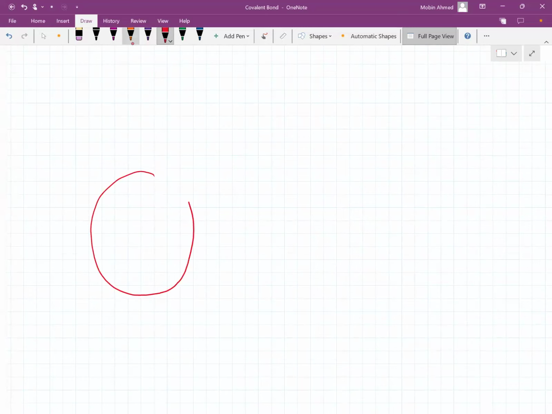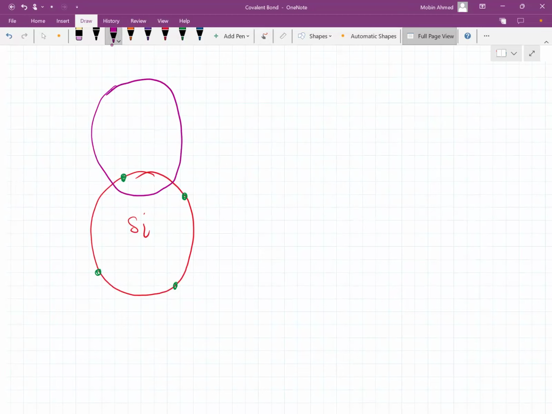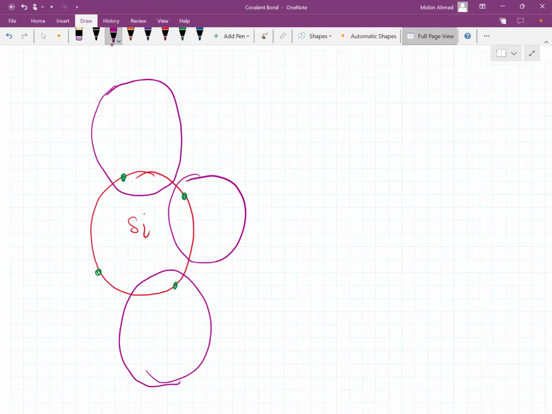Suppose this is the silicon and it is sharing with the four silicons of nearby atoms.